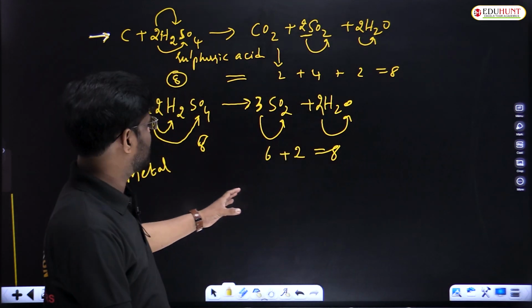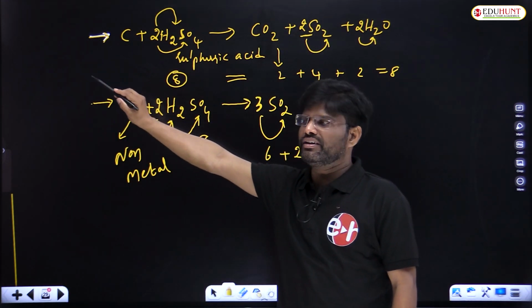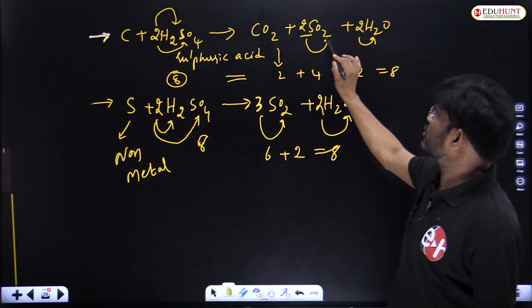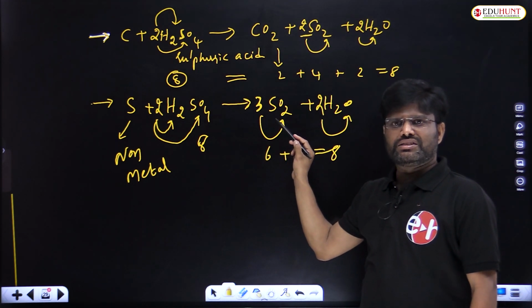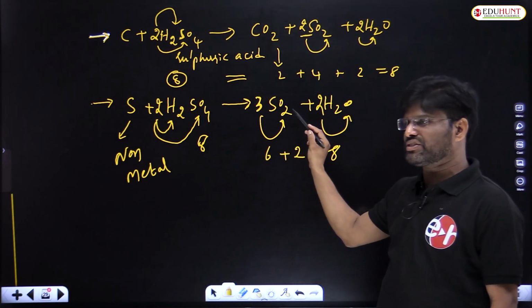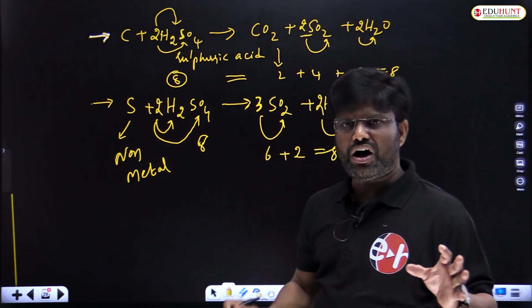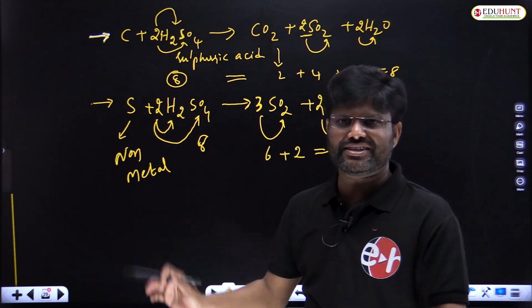So in this equation sulfur is a non-metal. In the earlier equation carbon is a non-metal. What are the products in the first equation? CO2, SO2, H2O. In the second reaction, sulfur reacts with sulfuric acid. What are the products? Sulfur dioxide and water. These are the two equations showing how non-metals react with acids, that is sulfuric acid.